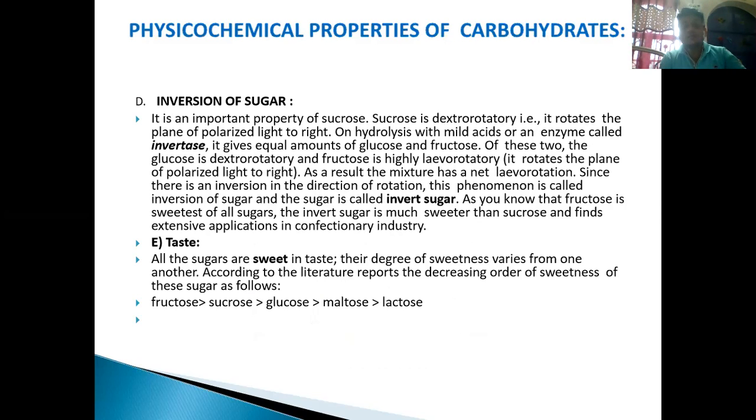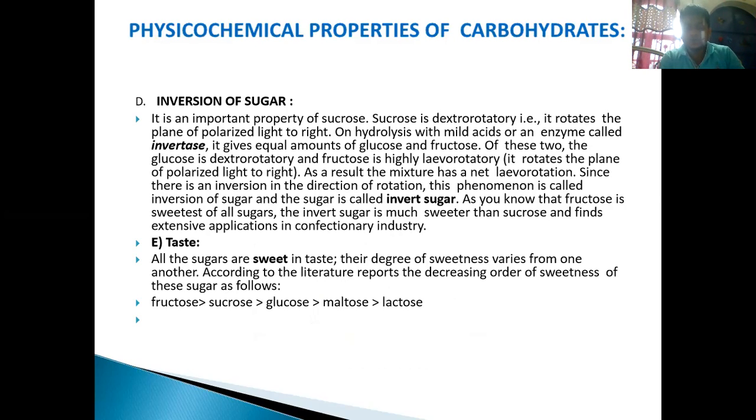Now, inversion of sugars. This is a very, very important property of sugars or carbohydrates. We know that sucrose is a disaccharide containing two units of monosaccharides, glucose and fructose. Now, when sucrose is kept in a polarimeter with plane polarized light, it gets rotated. When it rotates clockwise, it is called dextrorotatory.